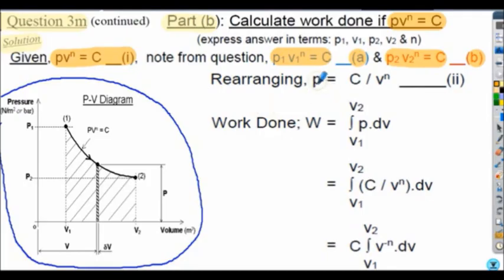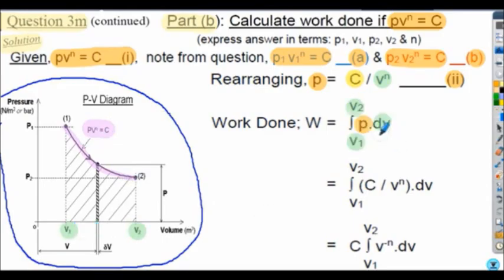Firstly, rearrange equation 1 for p, so that's c divided by v to the power n this time, equation 2 here for reference. And commencing again with the same integral, and again we're calculating the area under the PV diagram shown here. This time it's PV to the n is equal to c, and the limits of our integral are the same, v2, v1.